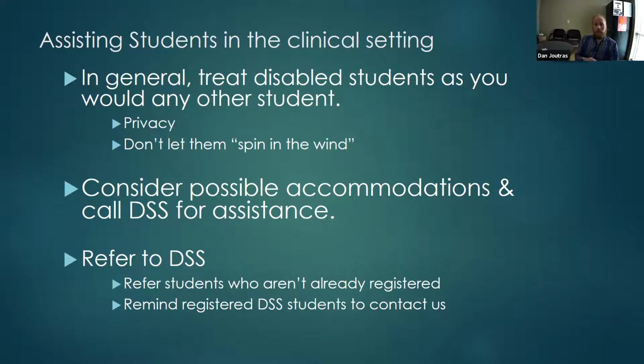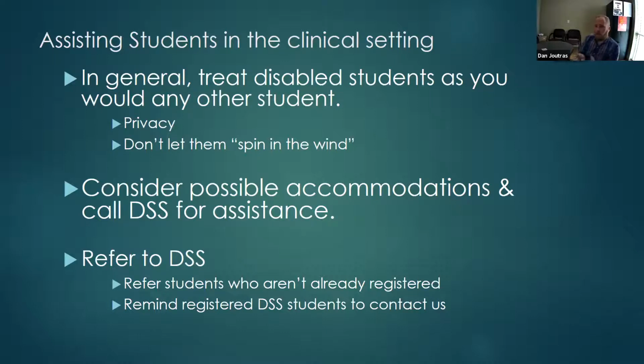On the flip side to that, students have every right to disclose other information with you if they so choose. But there's that fine line of whether or not they feel comfortable disclosing that, or that you are pressing upon that to find that information out yourself.